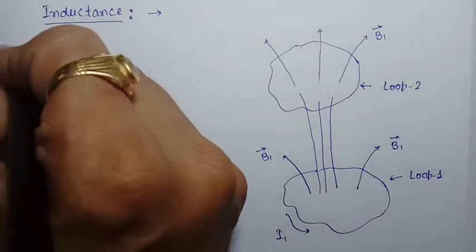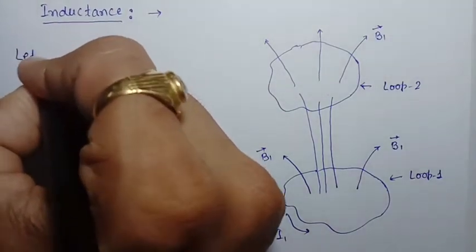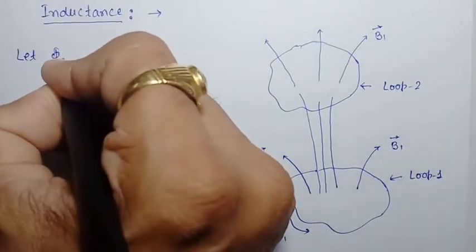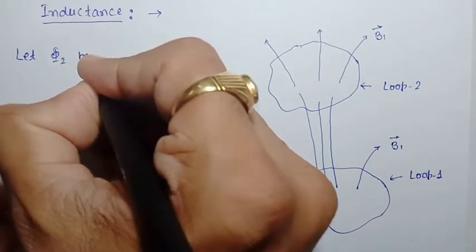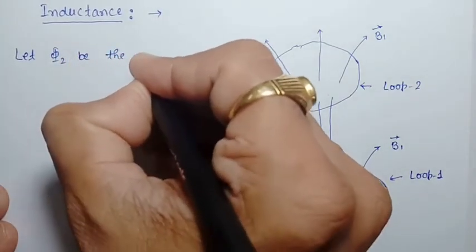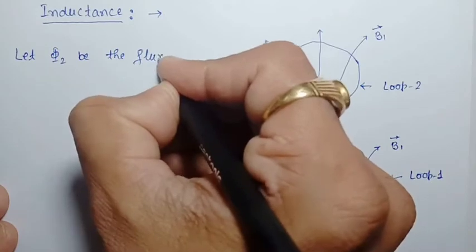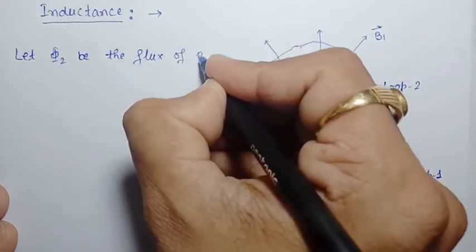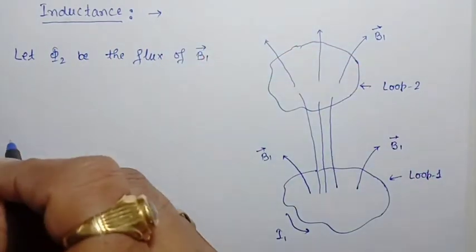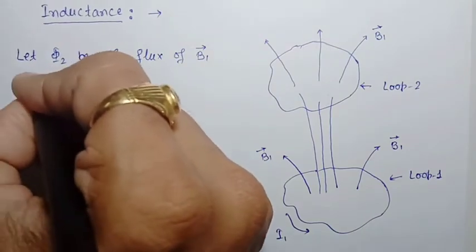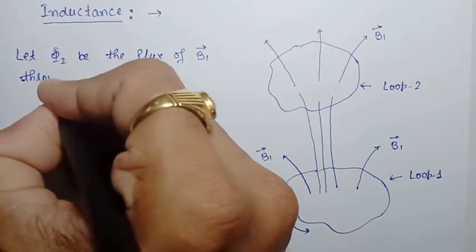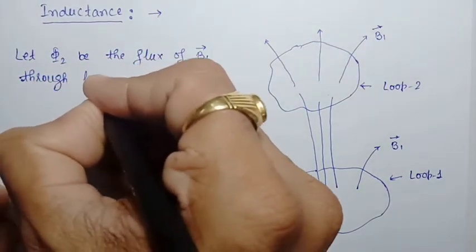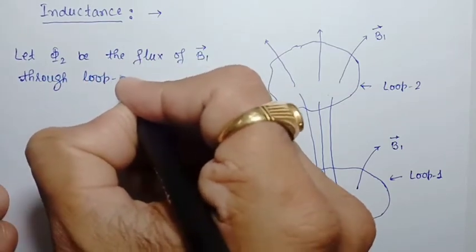Now here suppose phi 2 be the flux of B1 through loop 2.